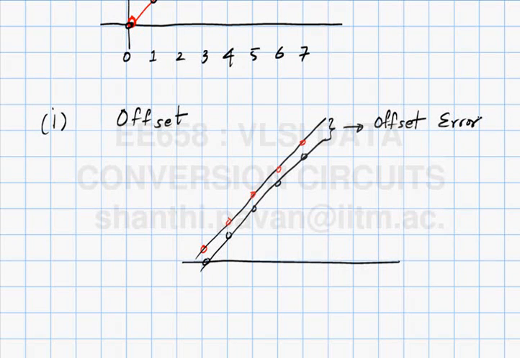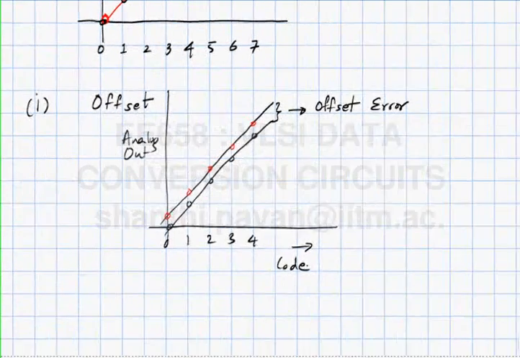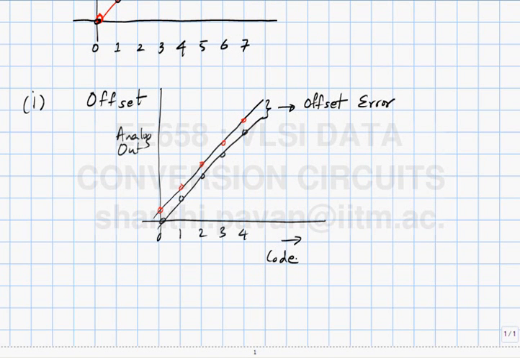The red are the real converter, the black dots are the ideal outputs, and you can see that the red dots are simply offset from the black dots by a fixed quantity. And just like in the A to D converter case, offset is typically benign in most systems and can be corrected by other means. If this is a part of a system, there is probably some kind of offset correction loop that goes around the whole system. So in most cases it's benign.